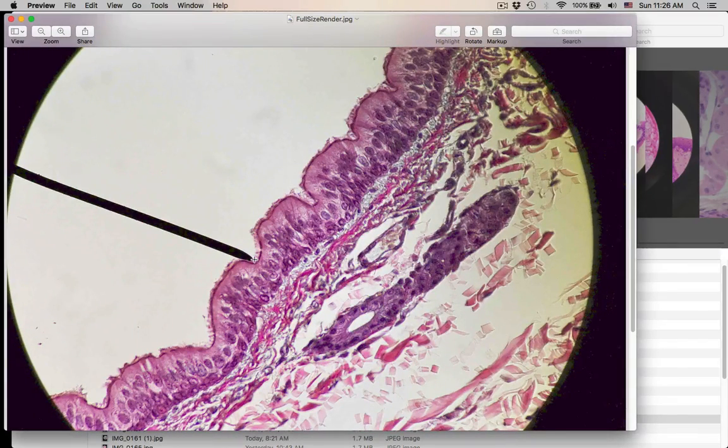The pointer's kind of pointing right at it. See this right on top here? What is that apical modification that's on top of this epithelial tissue called? That was number 17.